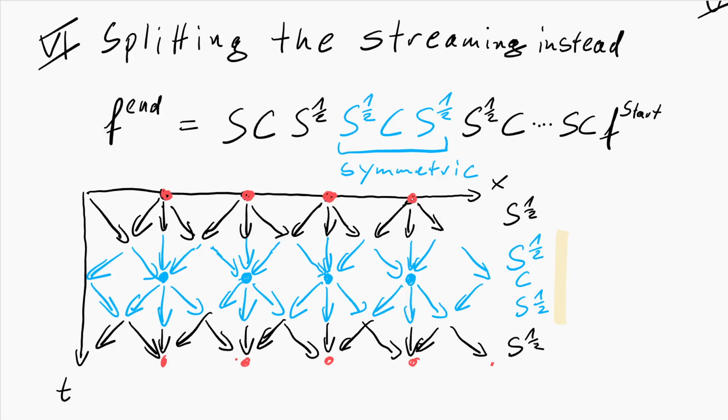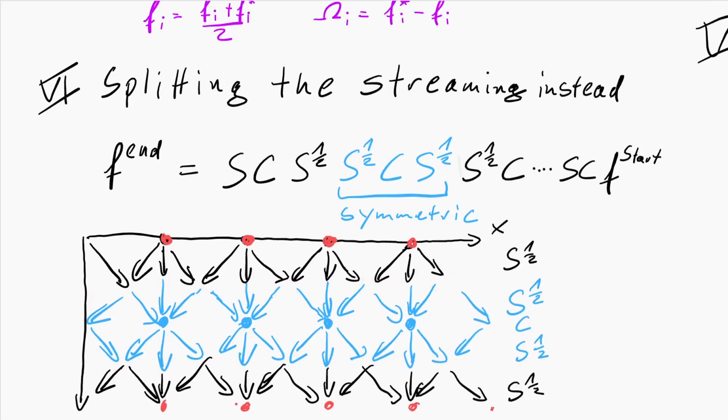And we interpret this by saying that we actually store our distributions in between the collisions here and here.